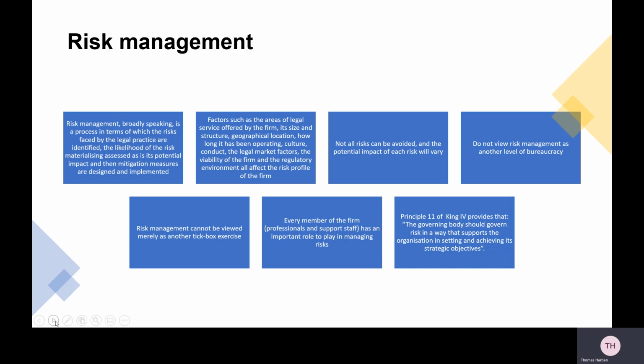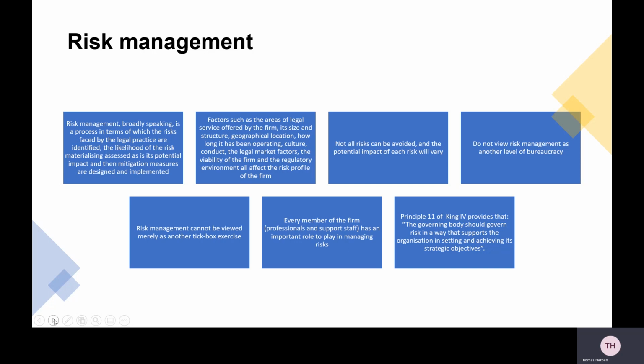One example is Principle 11 of King 4, which states that the governing body, which refers to you, the legal practitioner, the partner, the director in the firm, should govern risk in a way that supports the organization in setting and achieving its strategic objectives. Please read the King 4 code. It has important principles as well related to ethics.